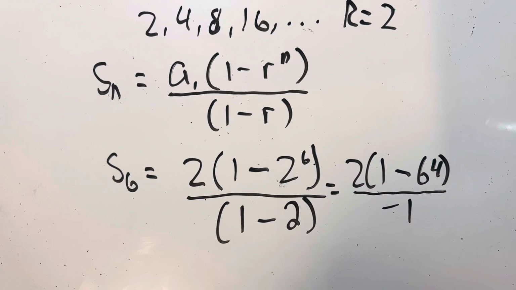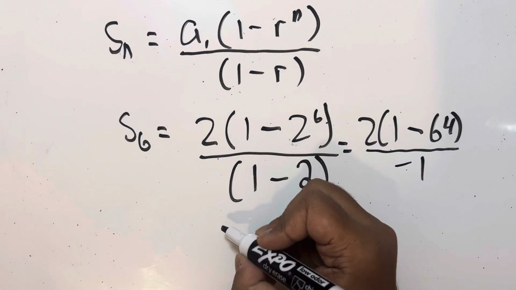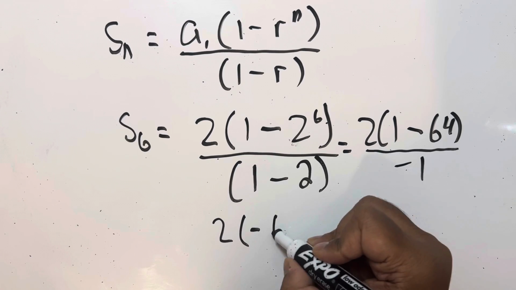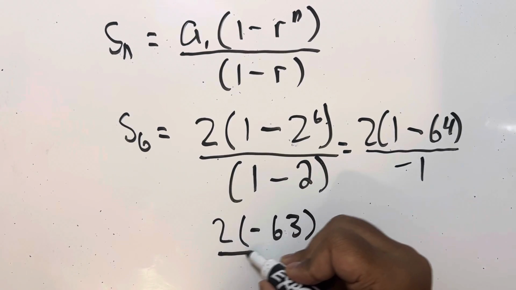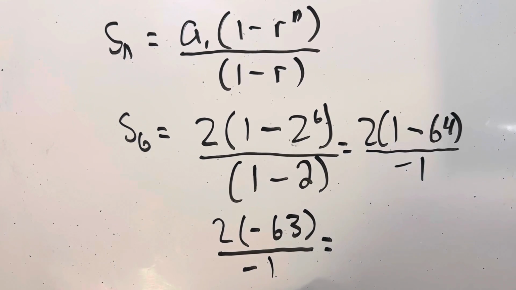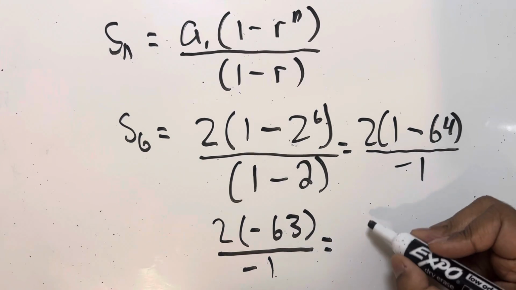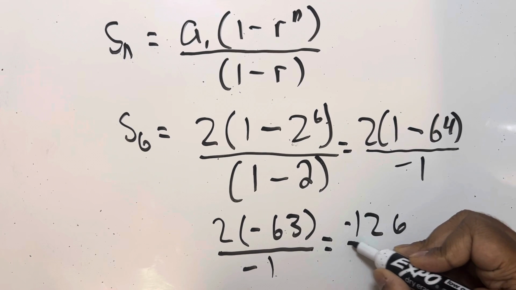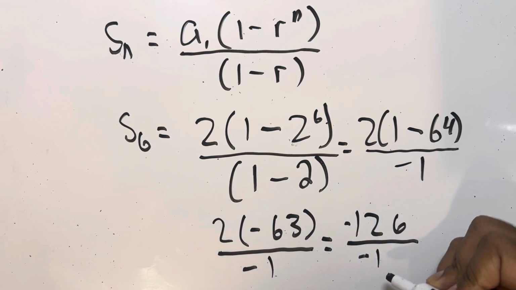So I'm going to get 2 times negative 63 over negative 1. 2 times negative 63 is negative 126, over negative 1.